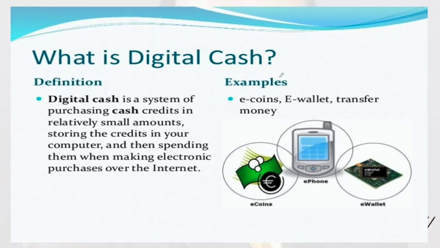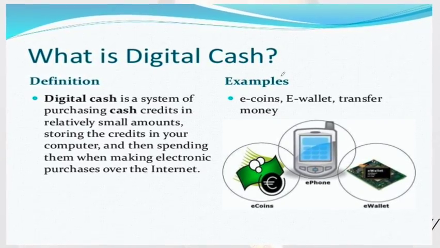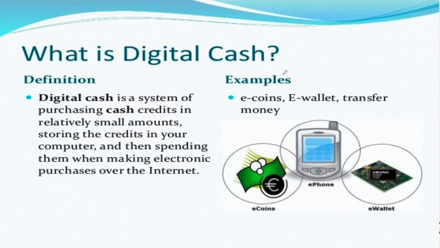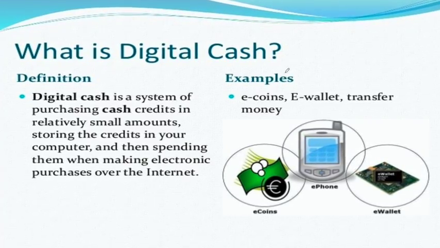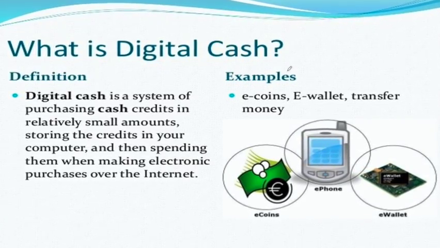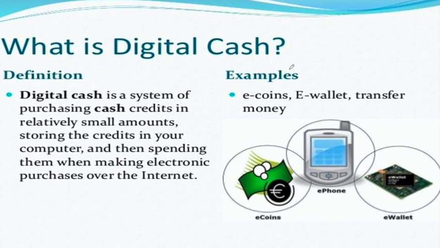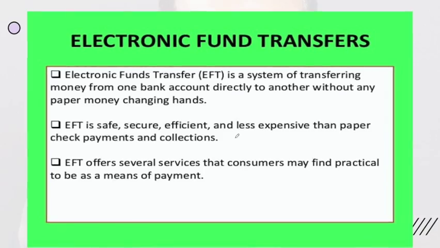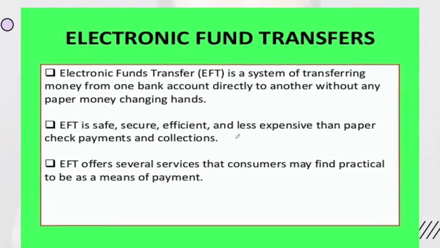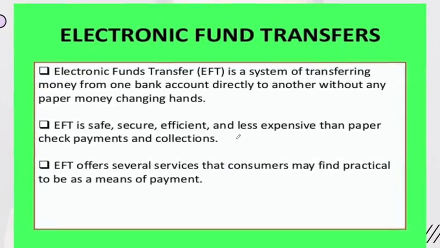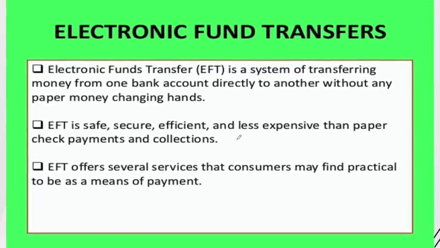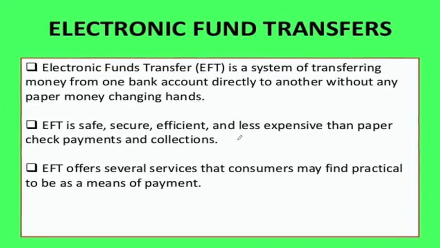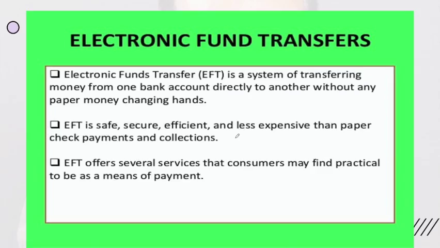Then digital cash. All such types of e-wallets like Paytm, PhonePe, Google Pay, all these will come into this category. Then electronic fund transfer. It's a system of transferring money from one bank account directly to another without any paper money being exchanged.